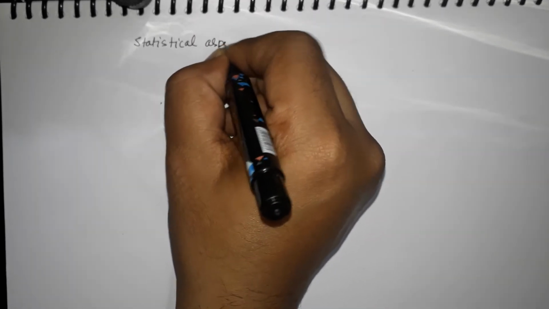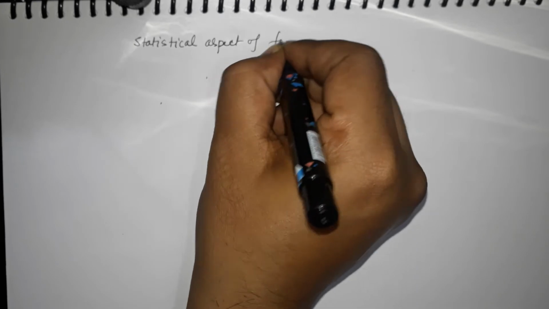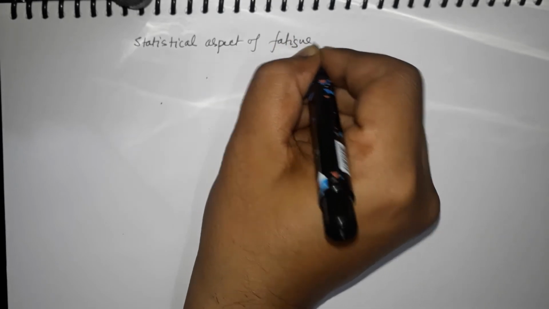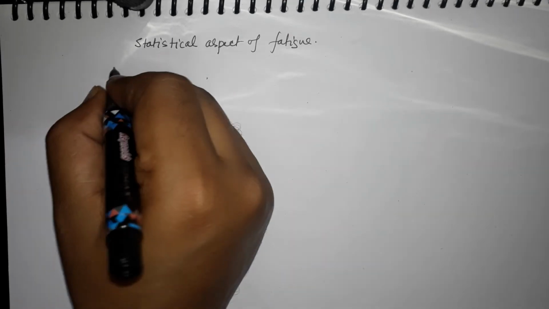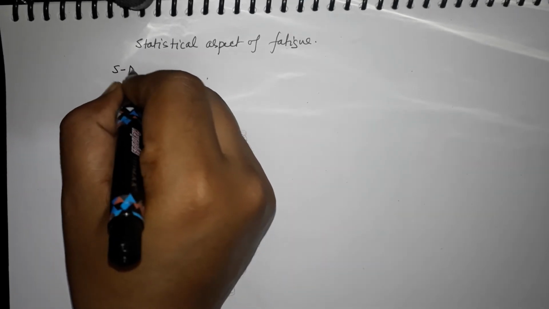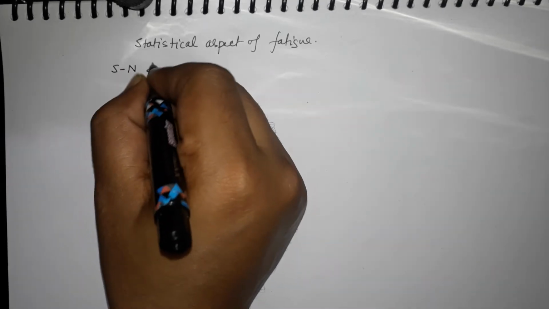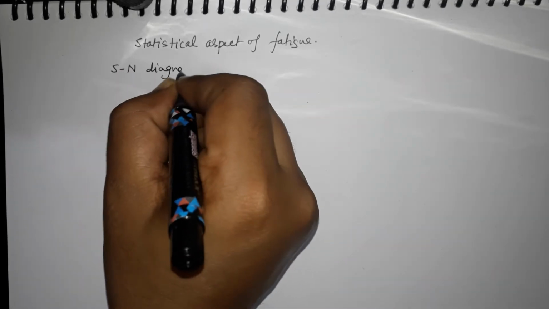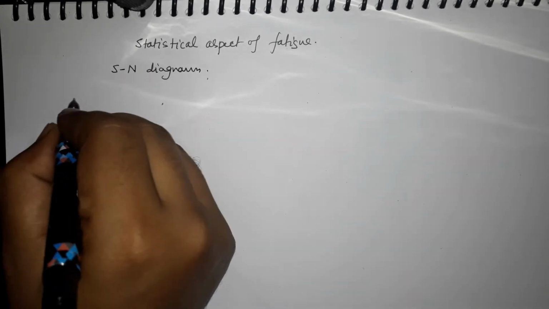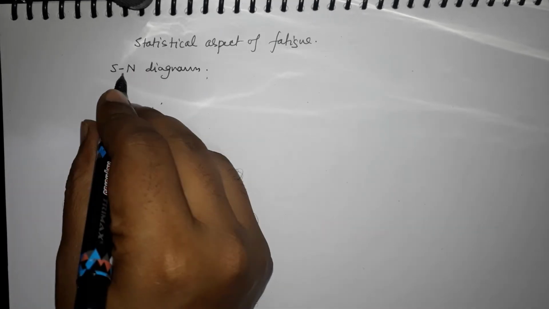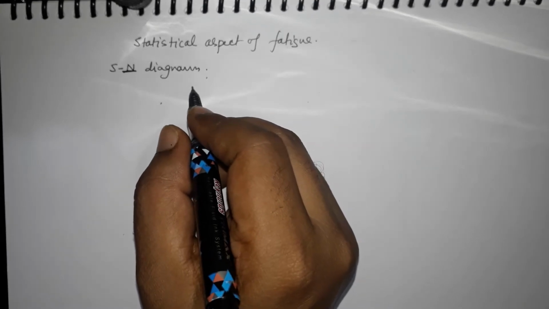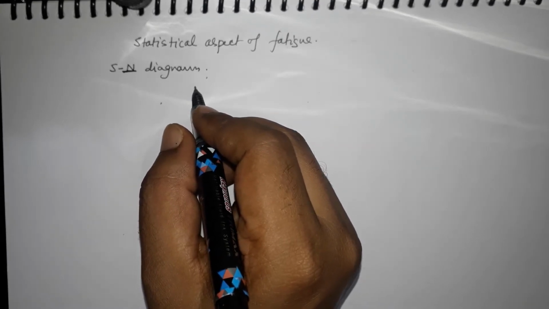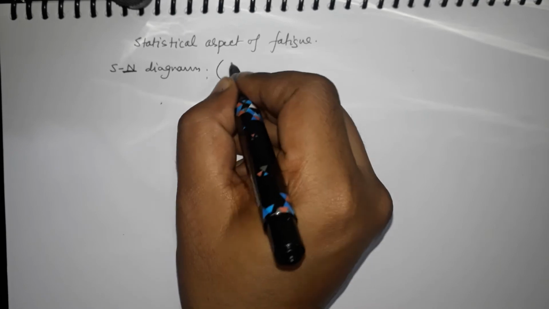So what happens is, for instance, imagine that you're doing several tests to make the SN diagram. And remember that in SN diagram, the N axis is in logarithmic scale. So it's a semi-log plot.